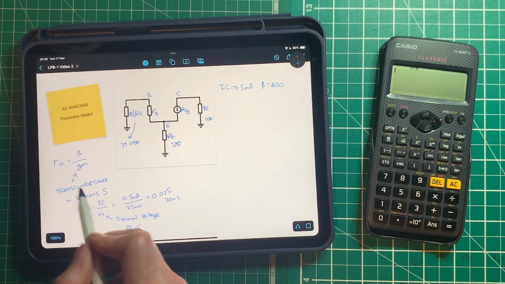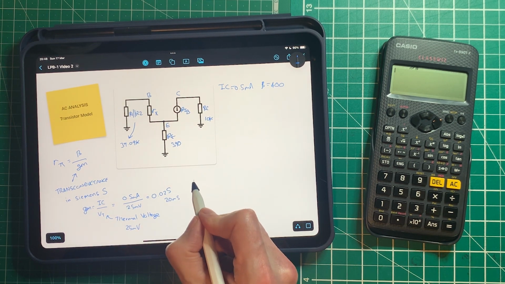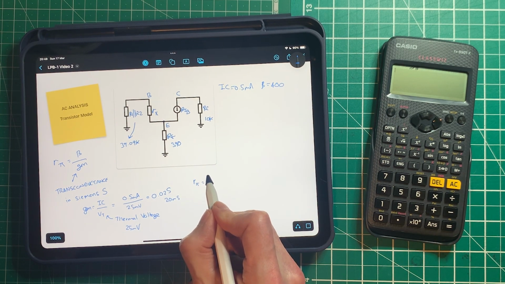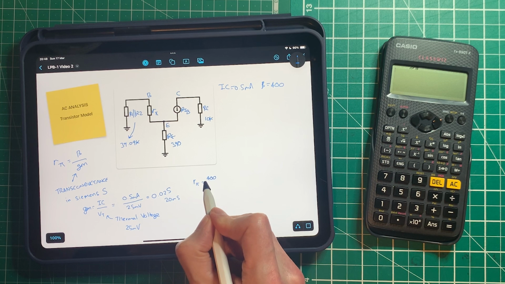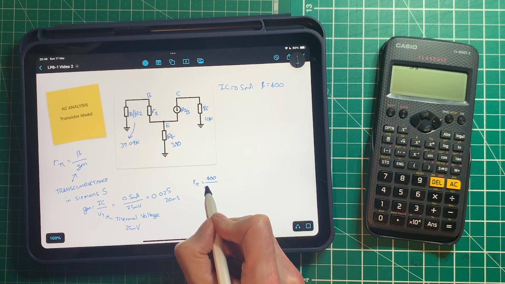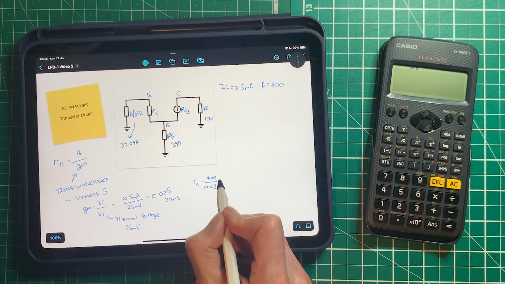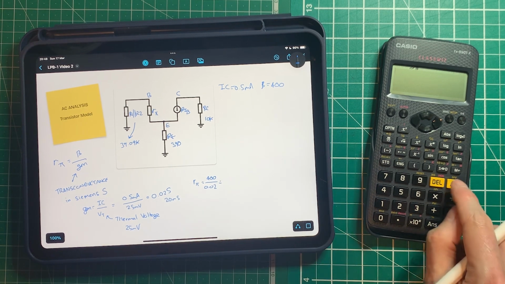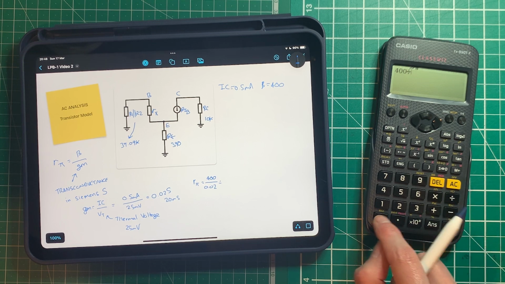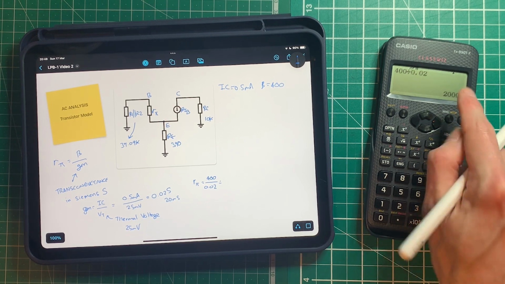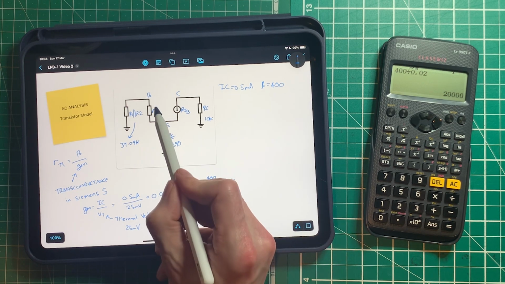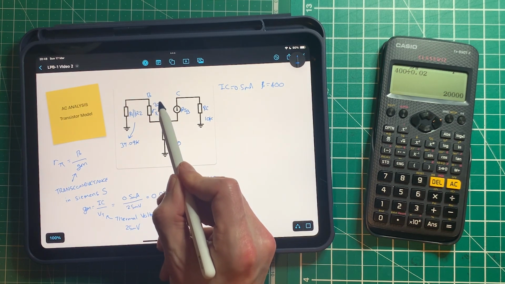So now we can calculate R pi, because R pi equals beta 400 divided by GM, 0.02. And if you do that, you will get 20,000, I suspect. 400 divided by 0.02 equals 20K. So the value of R pi here is 20K.